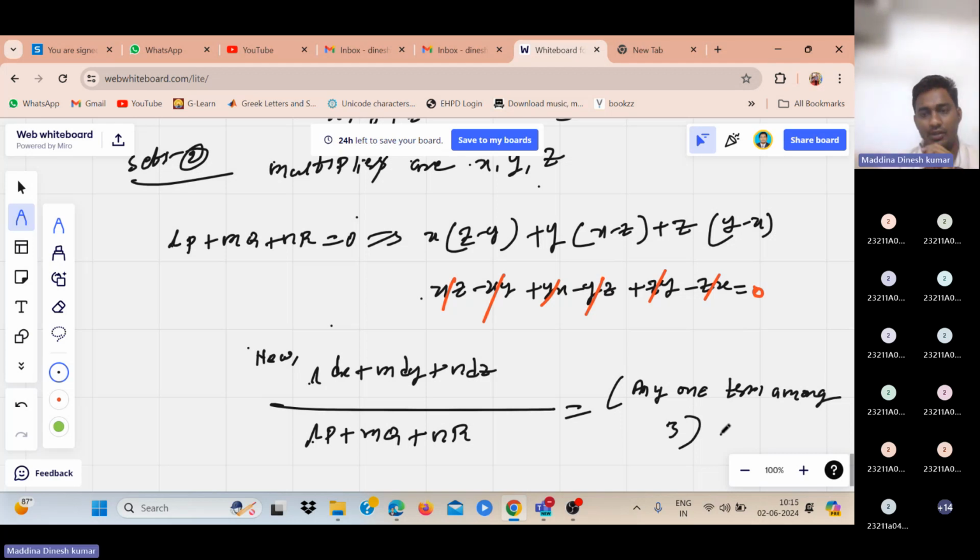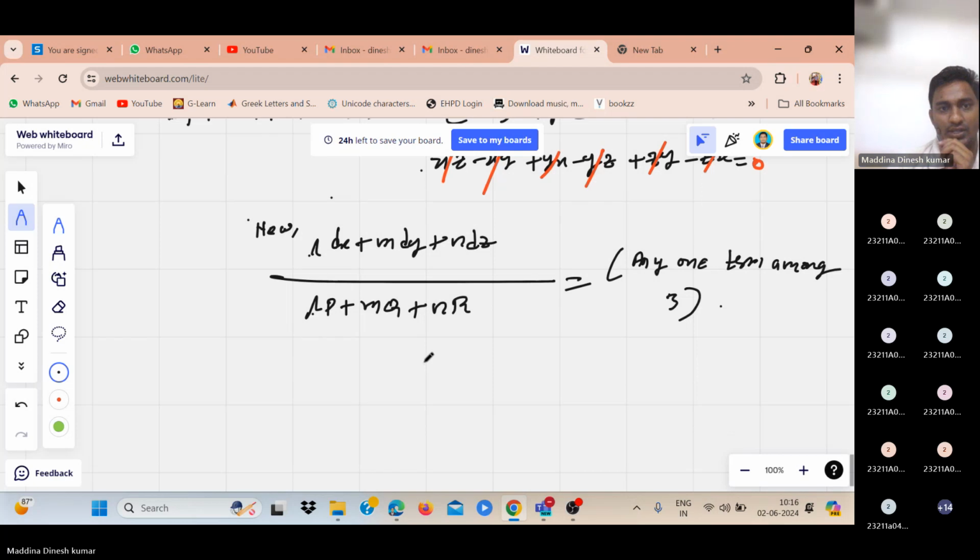Three terms are there, so we can equate to any one of them.